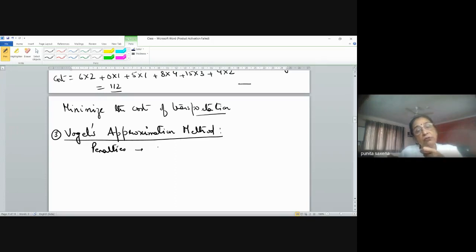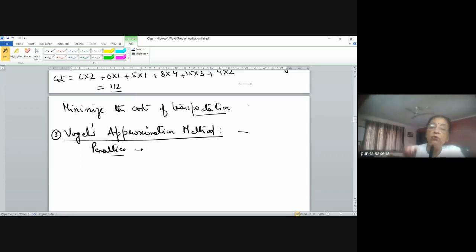So instead of looking at the least costs, we look at the least penalties here. Now, obviously, if you compare, northwest corner was the easiest. Least cost still involved a little bit of mathematics, in the sense that we had to look for the costs, then allocate, and then move on.